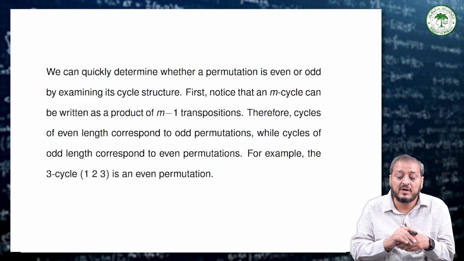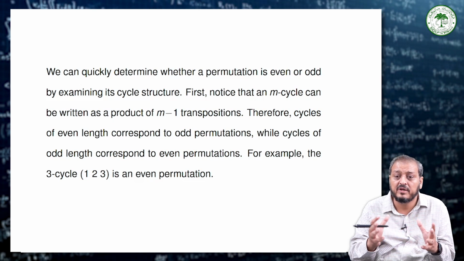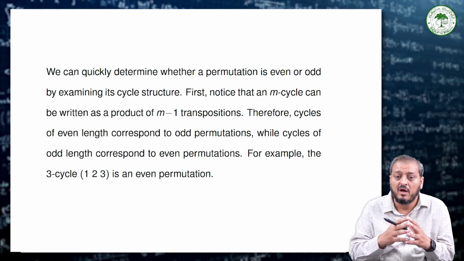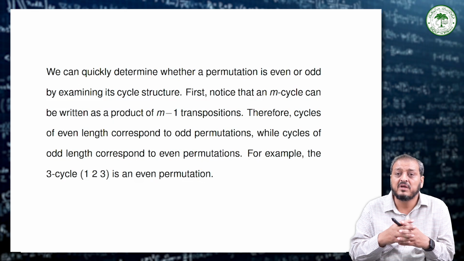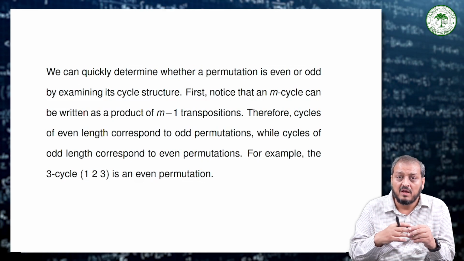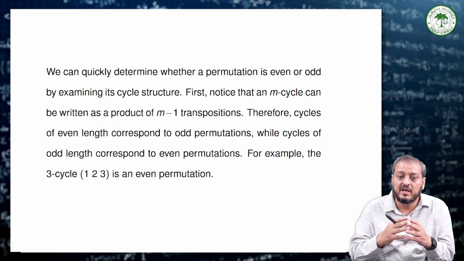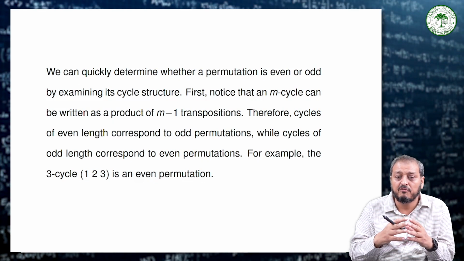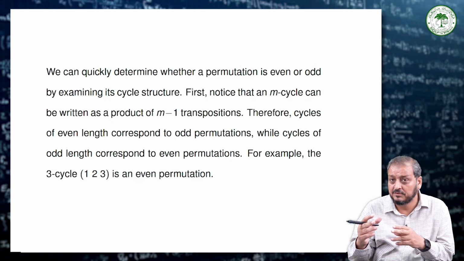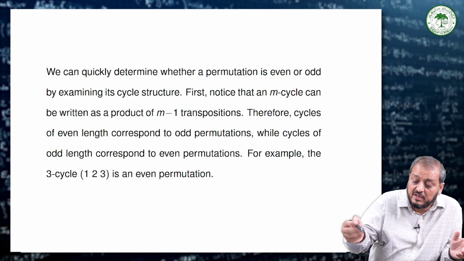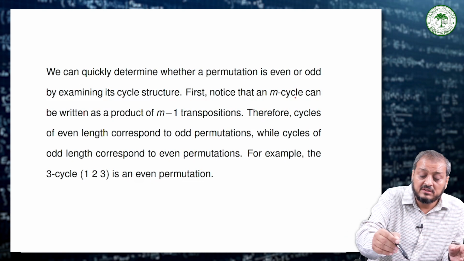So we can quickly determine whether a permutation is even or odd by examining its cyclic structure. First, notice that an m-cycle can be written as a product of m minus 1 transpositions.